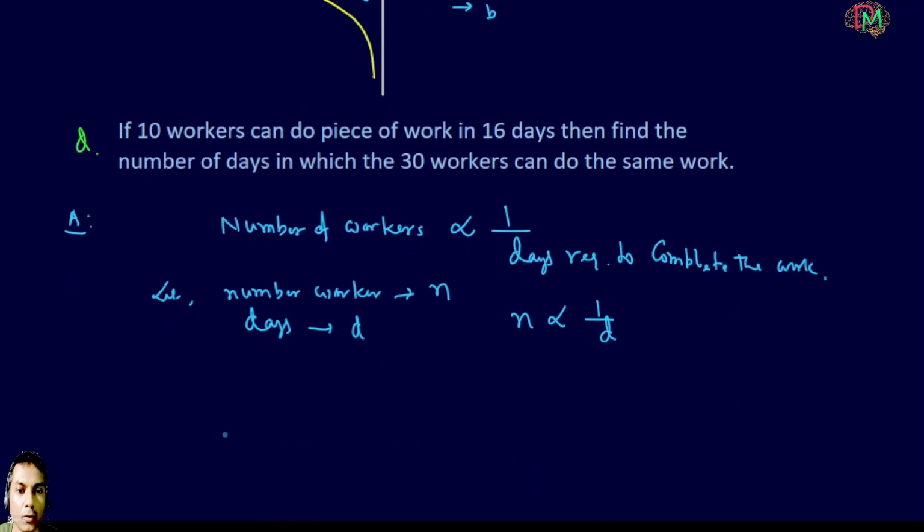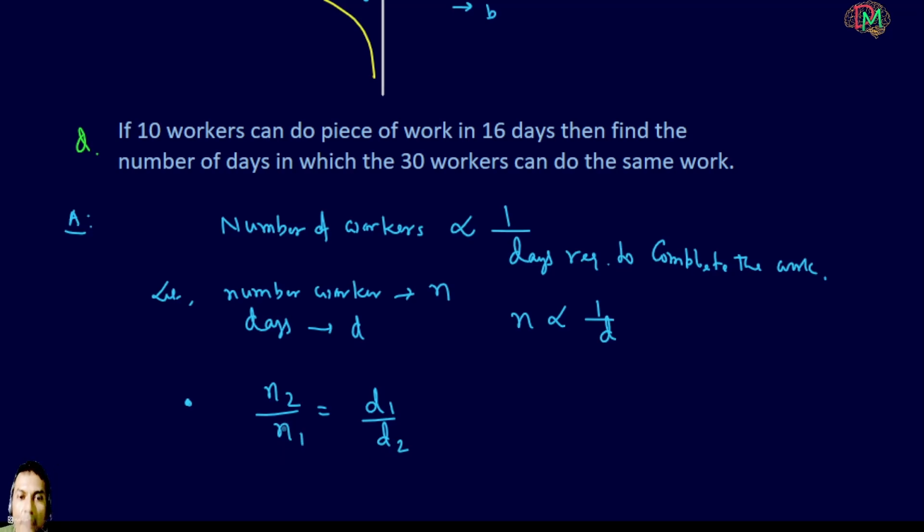So for the two conditions, we can write n2 by n1 is equal to d1 by d2. Since these ratios are in indirect relation, the inverse ratio is equivalent to the direct ratio of the days. So n2 by n1 is equal to d1 by d2.